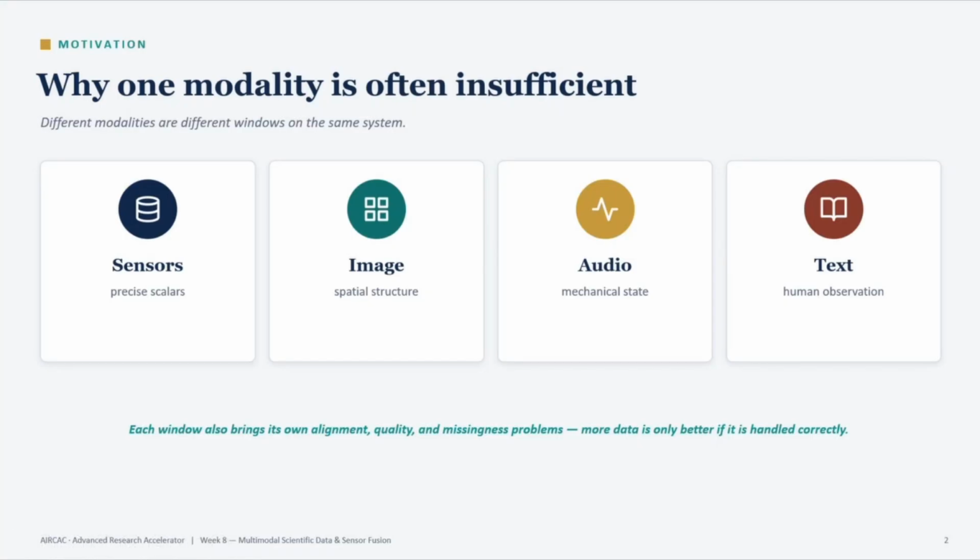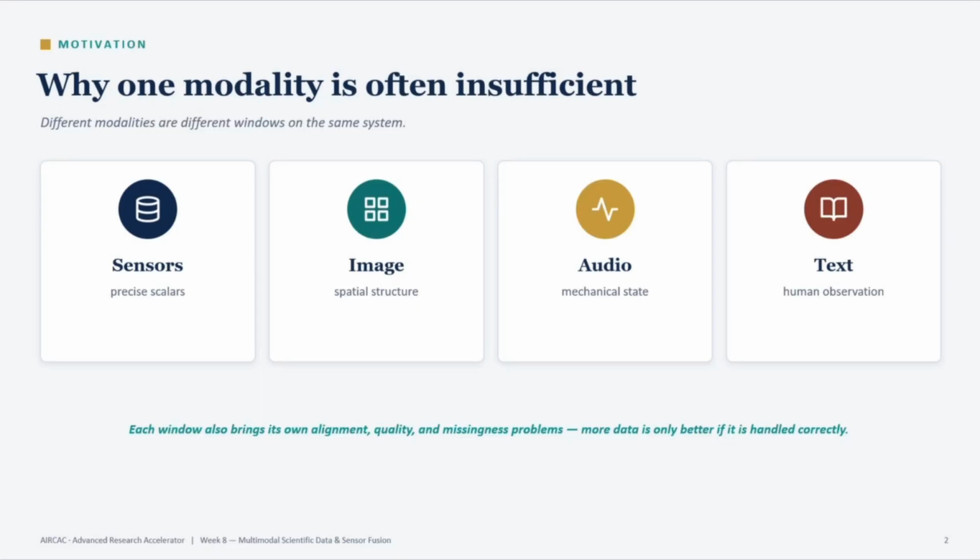Before talking about the fusion, let us understand why we need multiple modalities in the first place. Imagine that we are monitoring one room. A sensor can tell us that CO2 is 900 ppm, for example. That is a very precise numerical measurement, but it does not tell us everything about what is happening in the room.